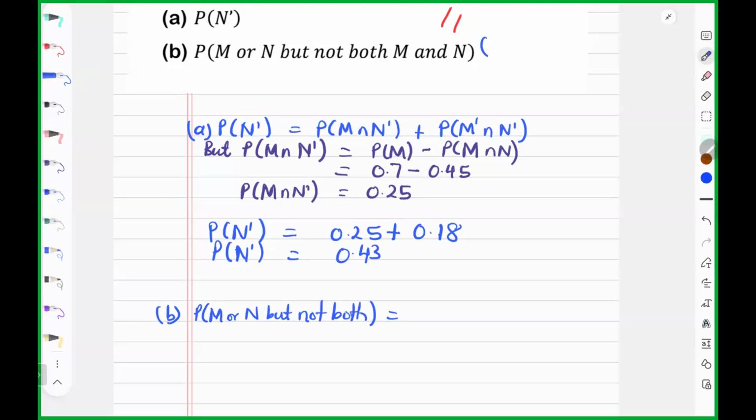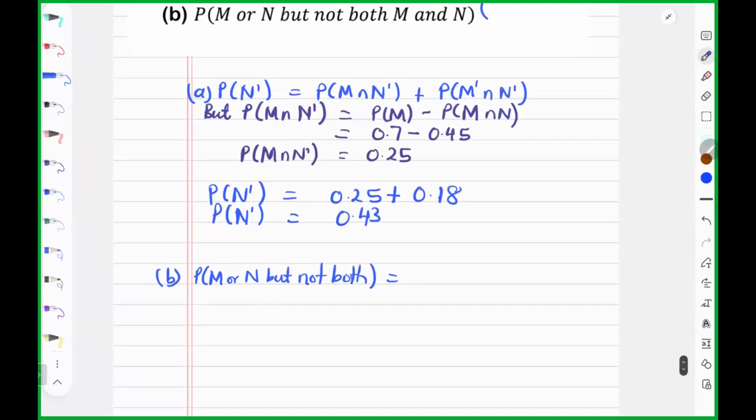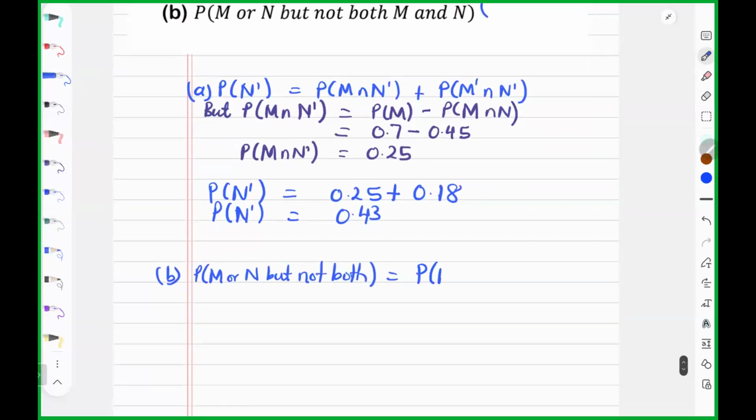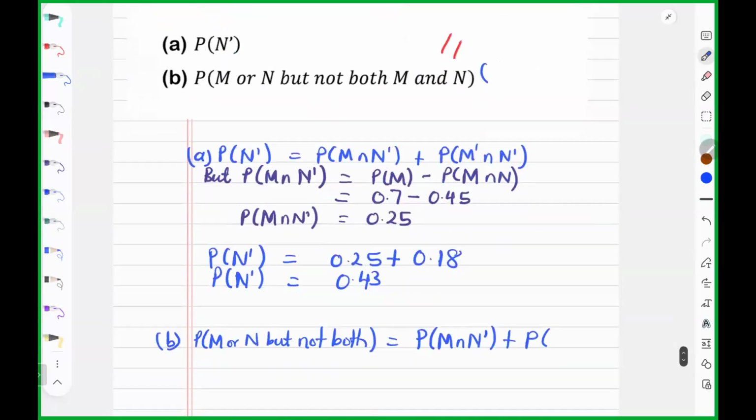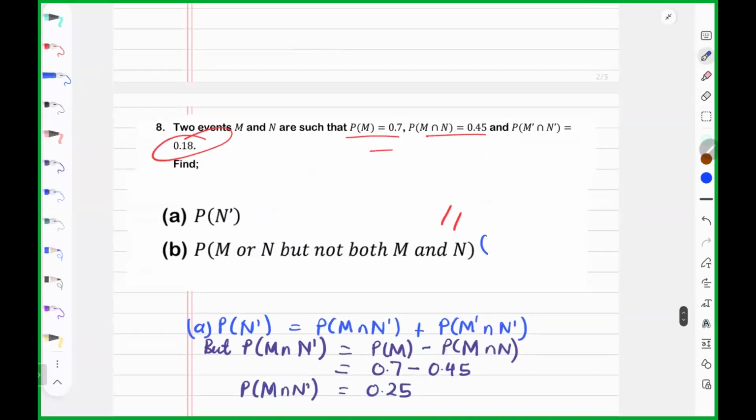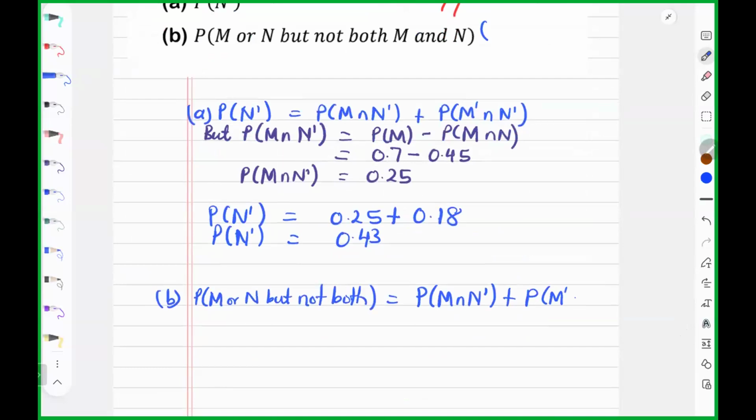So that region is actually probability of M intersection N complement plus probability of M complement intersection N. Because you're just looking at M only or N only, in simple terms.